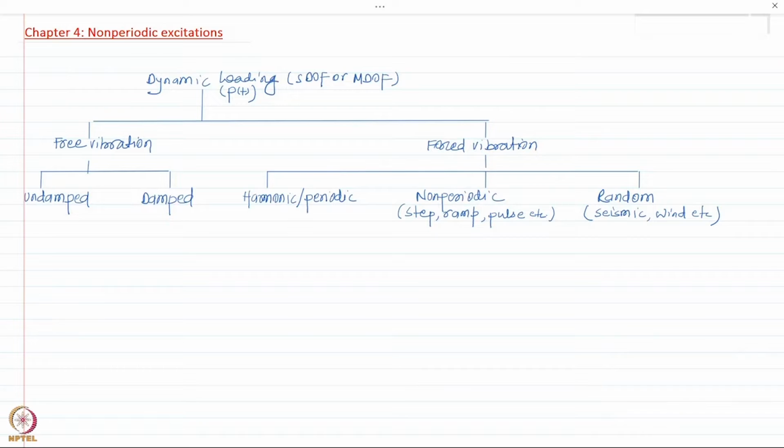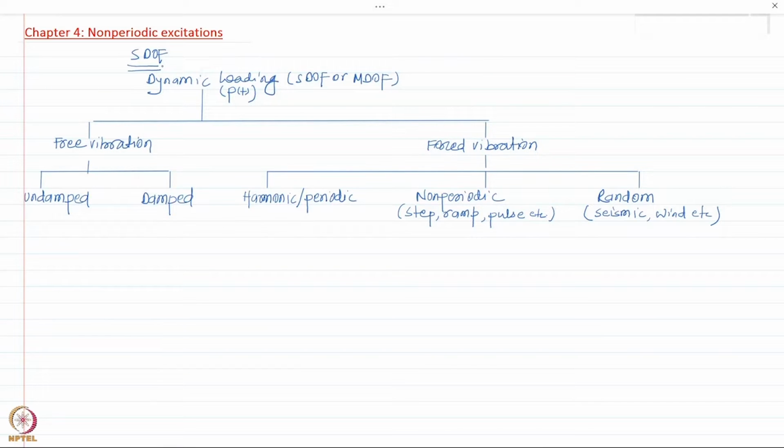Today we are going to start a new chapter, which is the non-periodic excitation of single degree of freedom systems. Right now we would only be focusing on single degree of freedom systems. Now, if you recall from previous chapters, let us see what we have done.